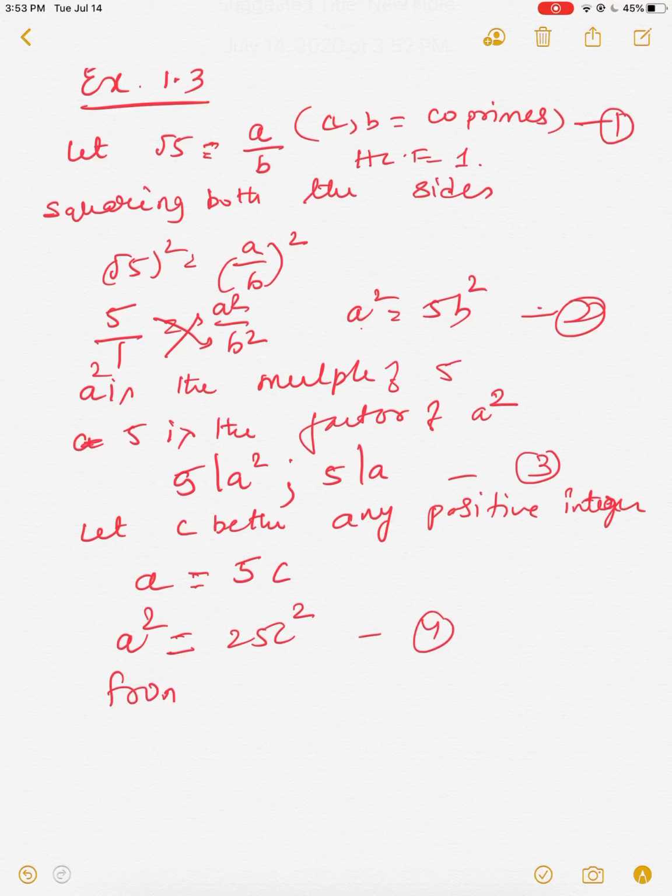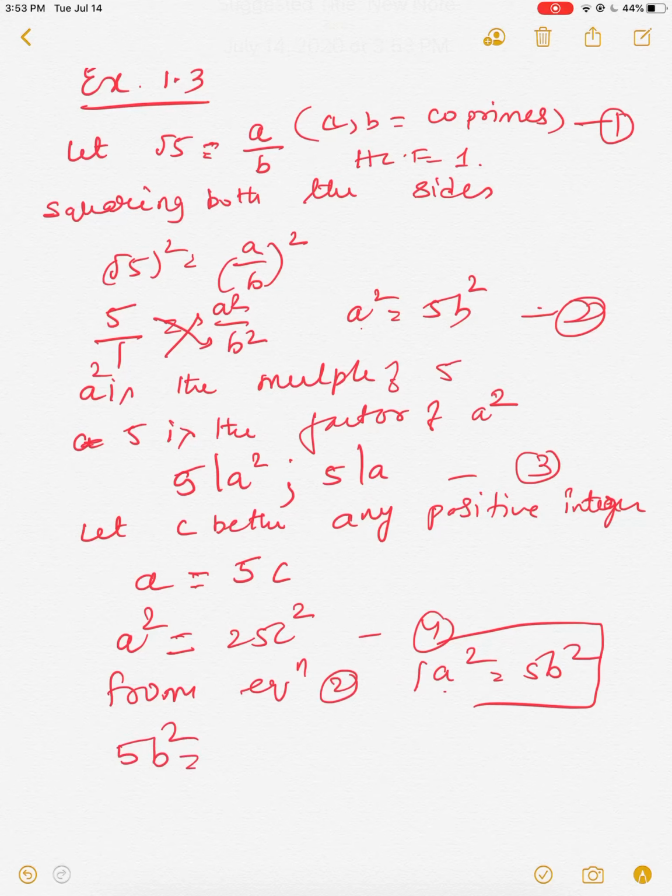So from equation 2, a square is equal to 5b square. So in place of a square, we will be taking 5b square, because here 5b square we have got as a square. So in place of a square, we are taking 5b square equals 25C square. So b square is equal to 25 upon 5.